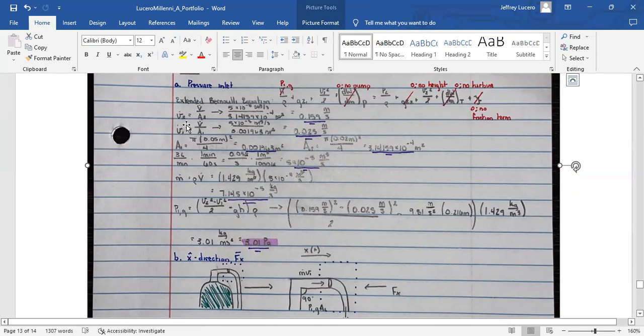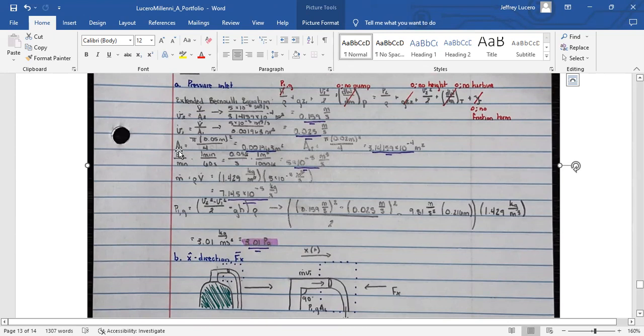We want to find the velocities at points 1 and 2, so it's the volumetric flow rate over A2 for V2, and the volumetric flow rate over A1 for V1.